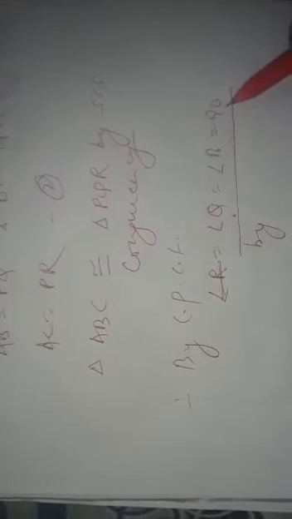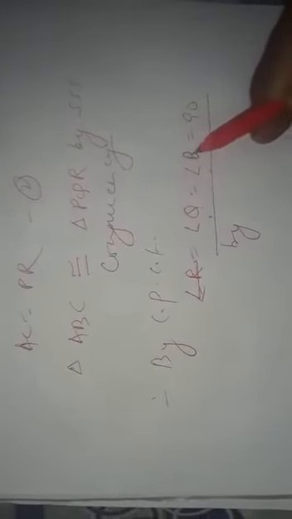Now the thing which we had to prove has been obtained: if the square of any side is equal to the sum of the squares of the remaining two sides, then the angle opposite to the first side is equal to 90 degrees. In this converse of Pythagoras theorem, the square of the hypotenuse was equal to the sum of the squares of AB and BC.